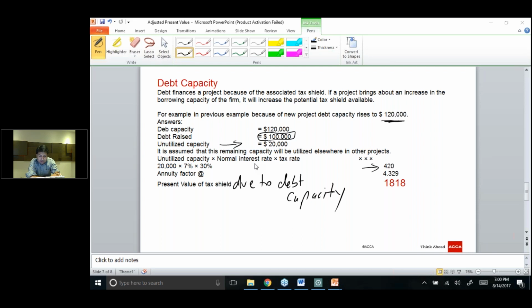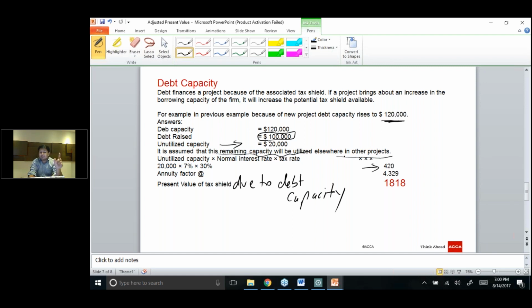Why we take tax shield on the unutilized debt but we don't use it? It's not the assumption. We are going to use that unutilized capacity. Like I have written the statement here. It is assumed that this remaining capacity will be utilized elsewhere in other projects.